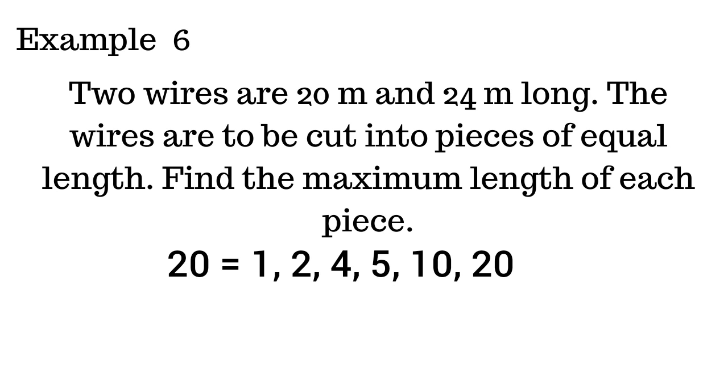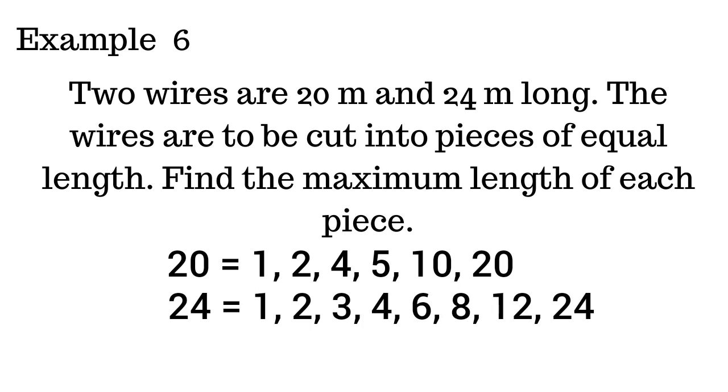We will list the factors of 24. 1, 2, 3, 4, 6, 8, 12, 24. Alright, so the common factors are 1, 2, and 4. So talking about the maximum, the highest common factor here is 4.